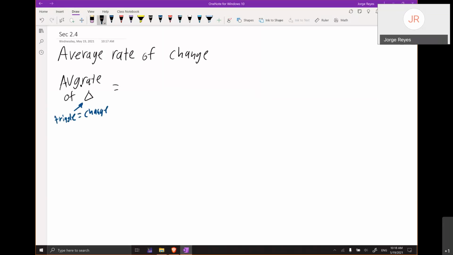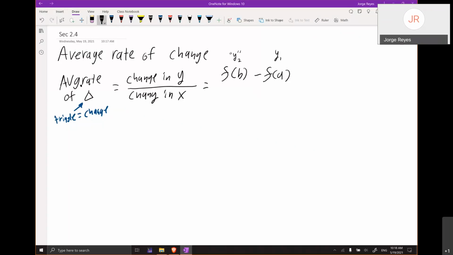So average rate of change is the change in y divided by the change in x, which will be the formula f of b, which is like y2, minus f of a, which is like y1, over b minus a, which is like x2 minus x1.